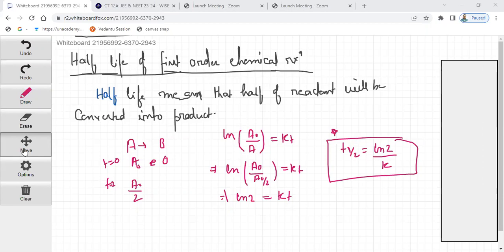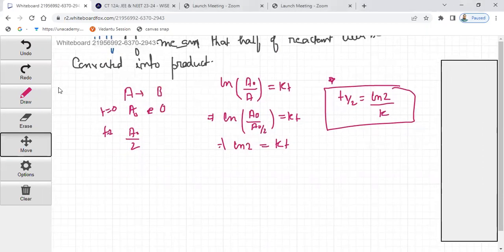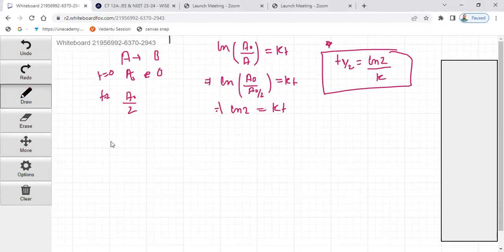Okay. After that, overall we conclude that there is a zero order chemical reaction and a first order chemical reaction.